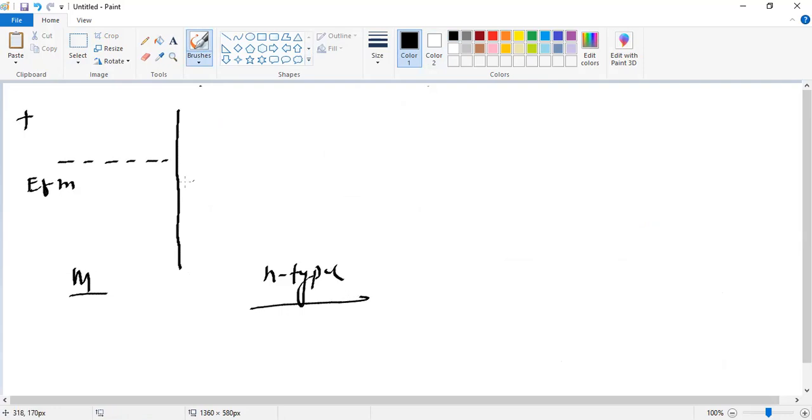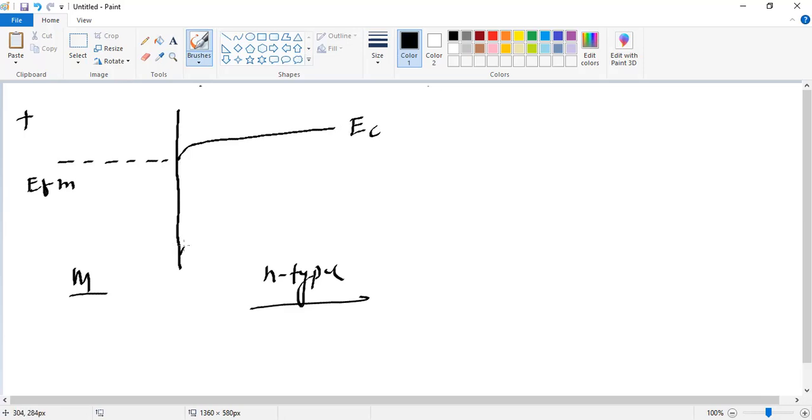Now here, what will happen? This is the structure of the conduction band now, because the interface here will become more negative. The Fermi energy level of the metal was at a higher position and more electrons are moving to the junction, making it more negative.